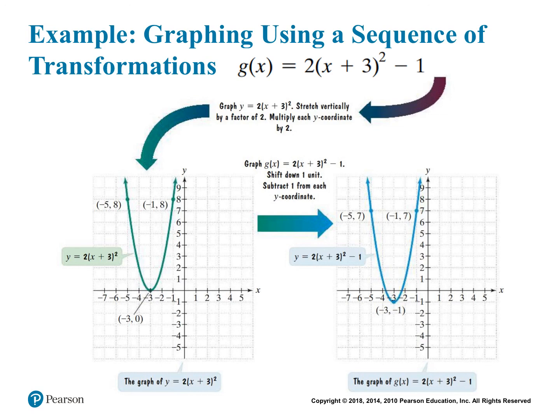Okay, then this 2 on the outside means I'm going to multiply each y coordinate by 2. That stretches it vertically. So you notice this negative 3, 0 doesn't change, but our negative 5, 8.